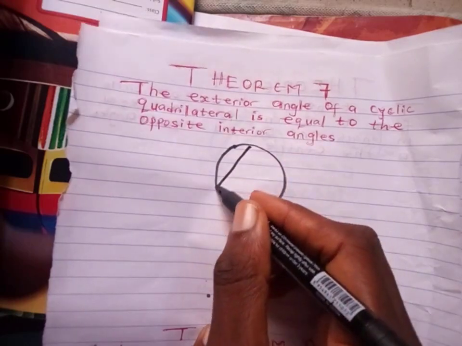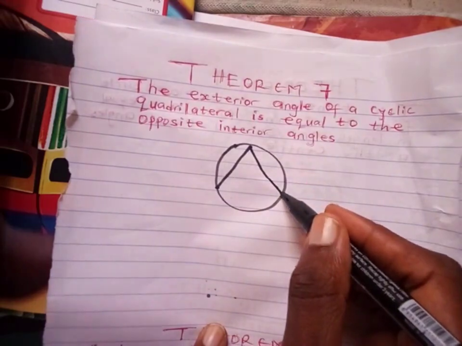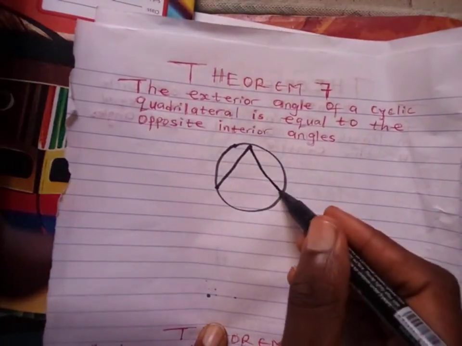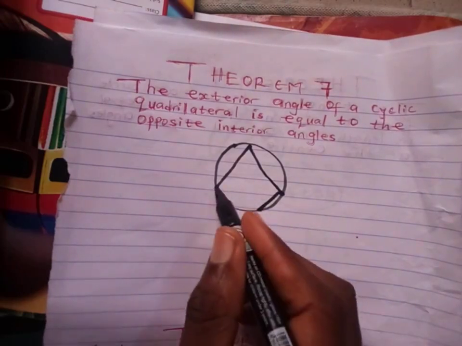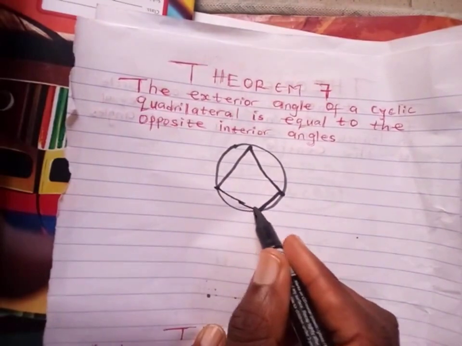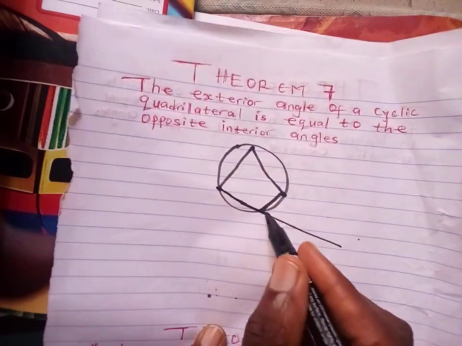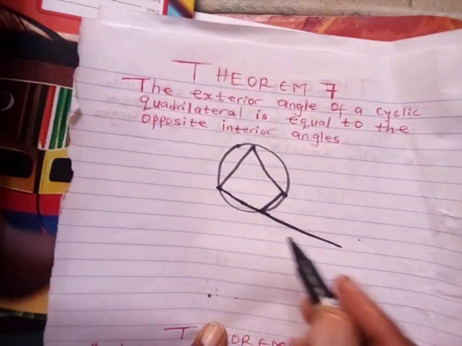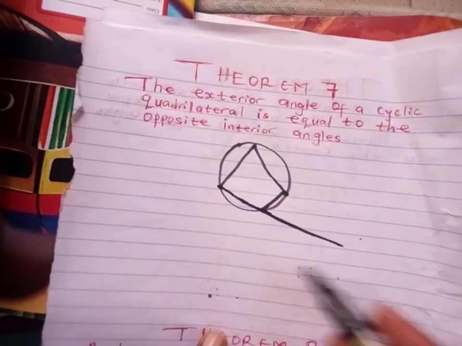Let me say you have something like this. Another one is going this way, and this is going this way, and I have another line joining this part. Let me just extend it out so we can have an exterior angle. Of course, an exterior angle is an external angle.